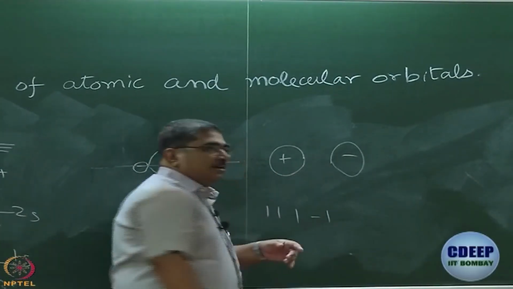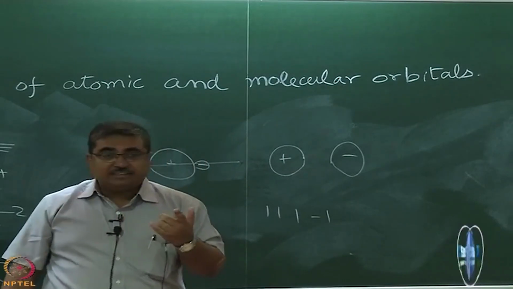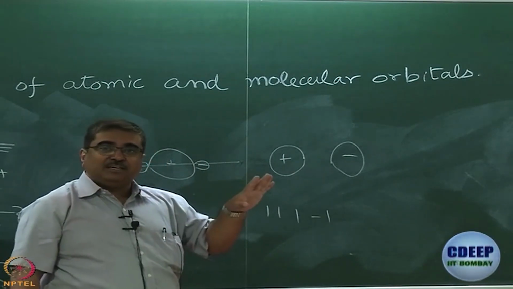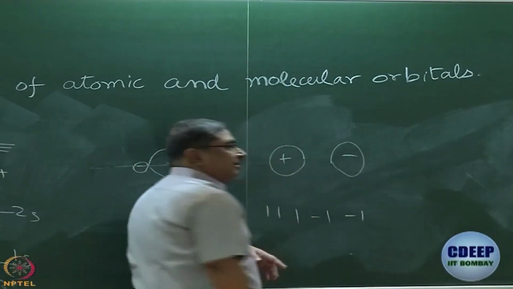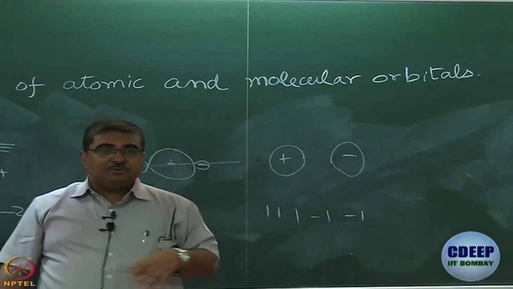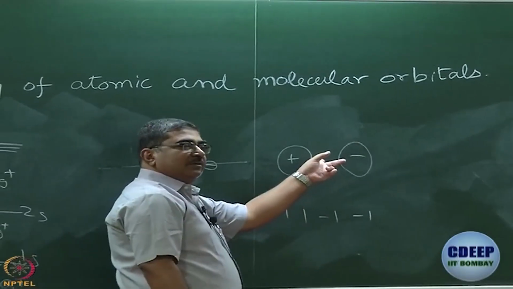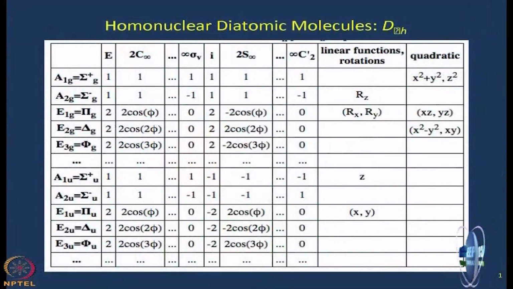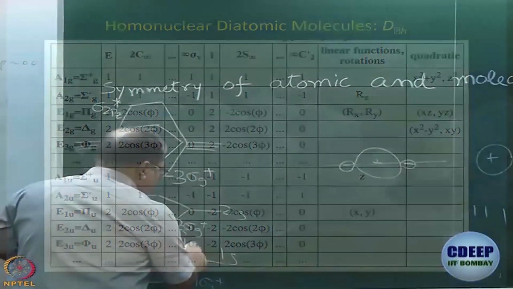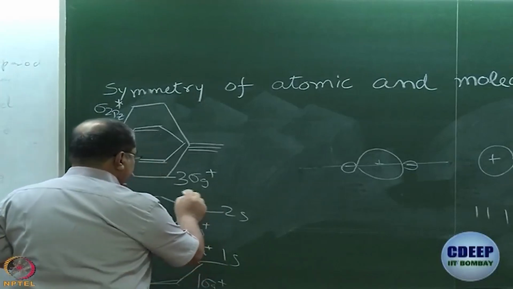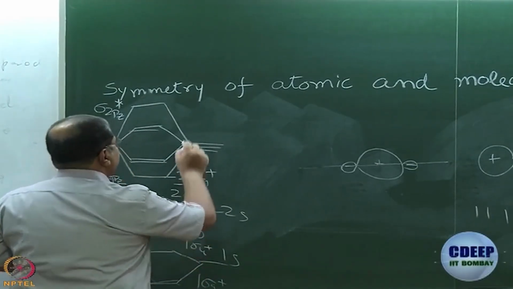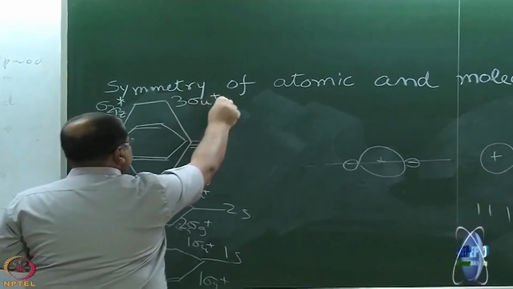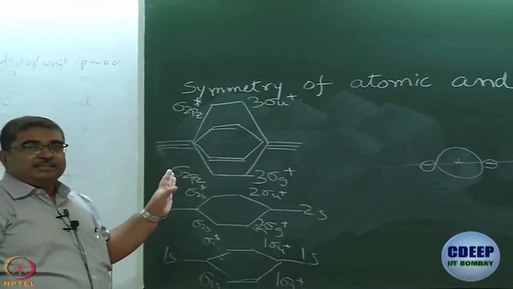Minus 1. Then S infinity, what is the character? S infinity is also minus 1. And finally C2, minus 1. So 1 1 1 minus 1 minus 1 minus 1, it is sigma u plus. So all these antibonding sigma orbitals can be written as, say 1 sigma u plus, 2 sigma u plus, 3 sigma u plus. I am only left with the pi orbitals now.